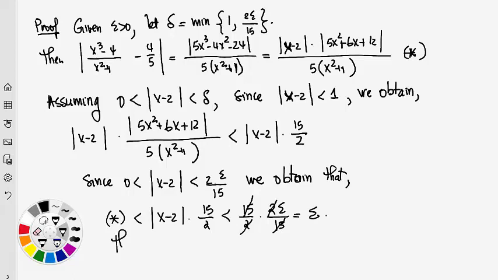So therefore the limit of x cubed minus 4 over x squared plus 1, as x is approaching 2, is equal to 4/5. All right.